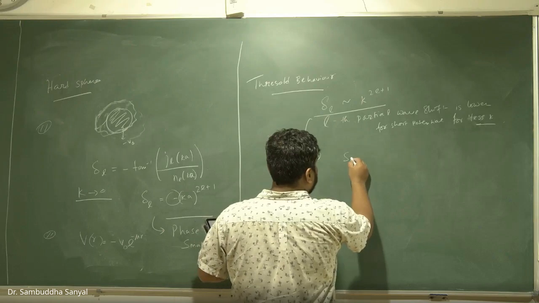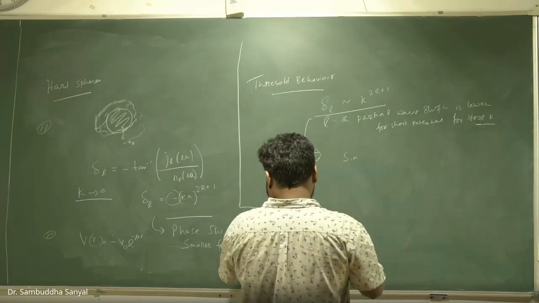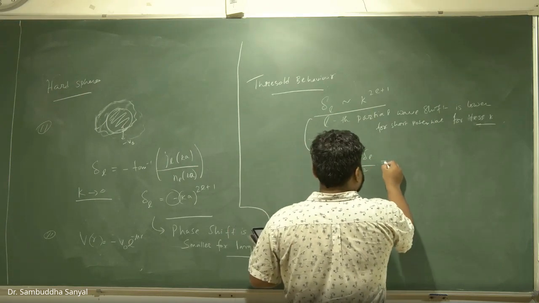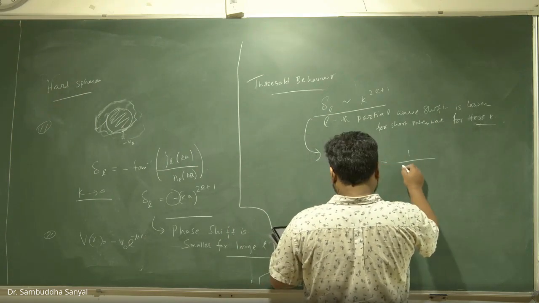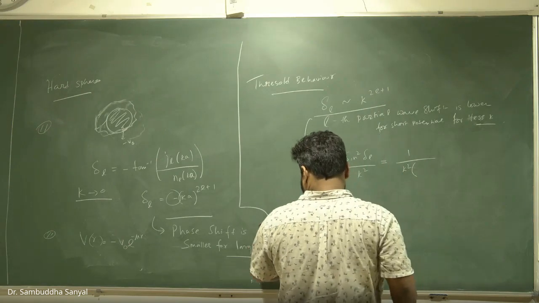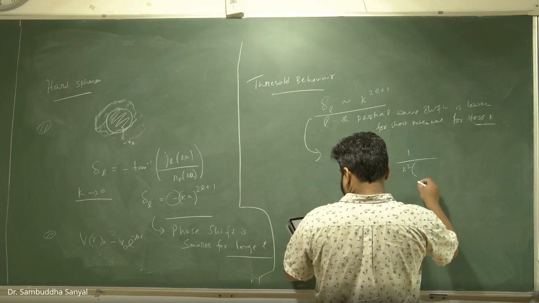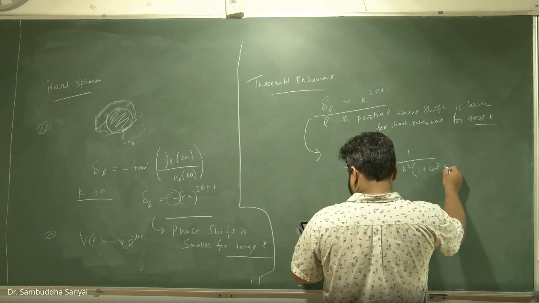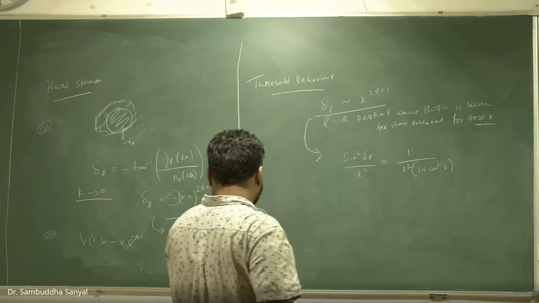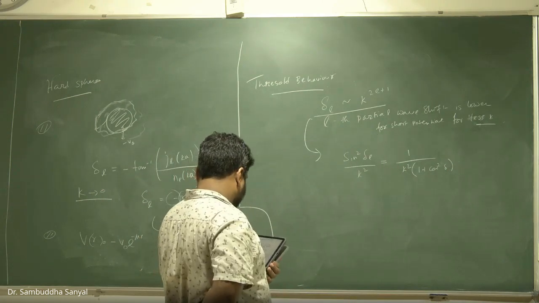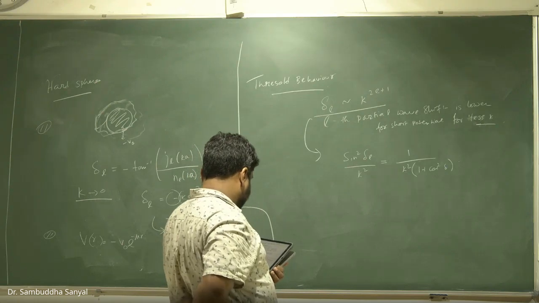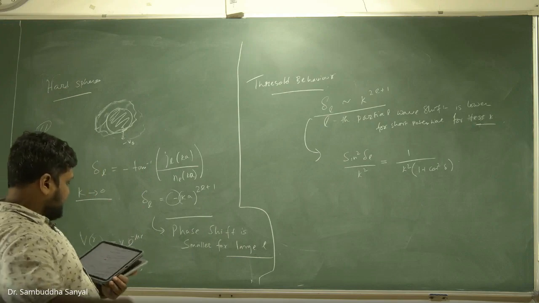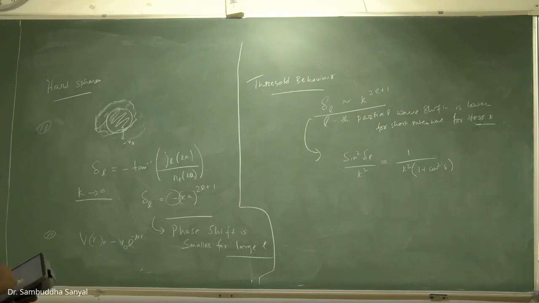you can calculate the quantity of interest, because in the cross section the quantity of interest is sine square delta L by k square. So you can rewrite it as 1 by k square... Let me check what I need to calculate.